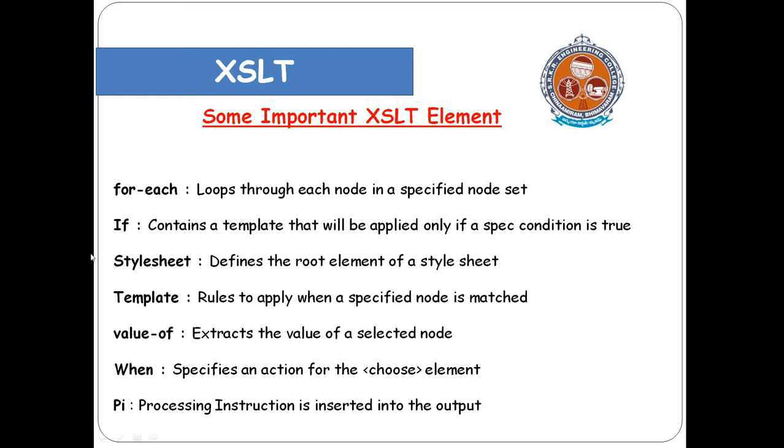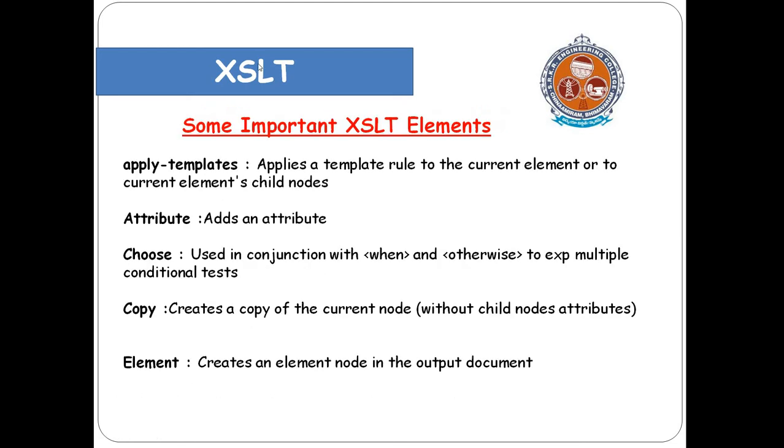And stylesheet we have already seen, it is the root element, and template also, which is used to apply when a specified node is matched. The choose element is used to choose an element from two or more, and PI is a processing instruction to be inserted into the output. If you want to give any instruction, PI is used. And apply-templates applies a template rule to the current element. These are some of the important elements.